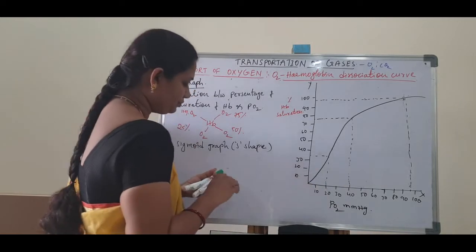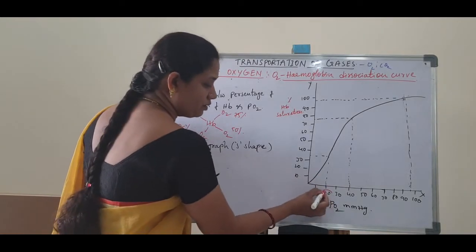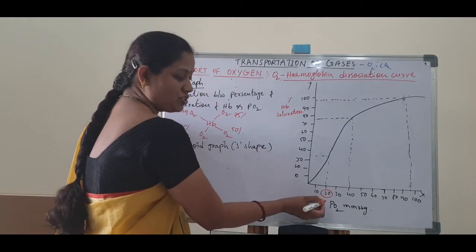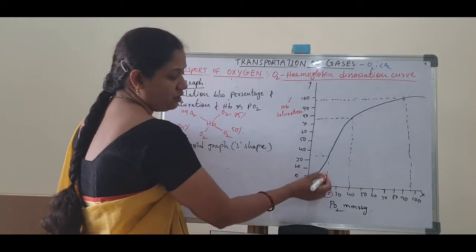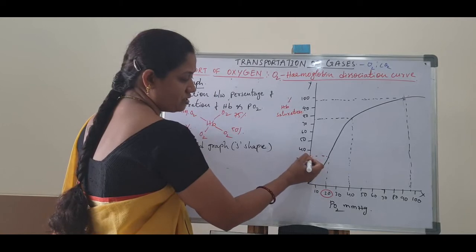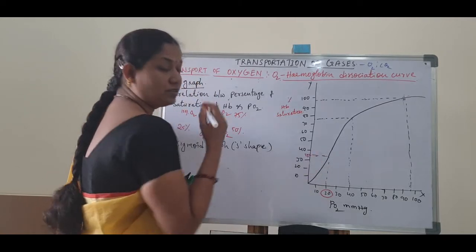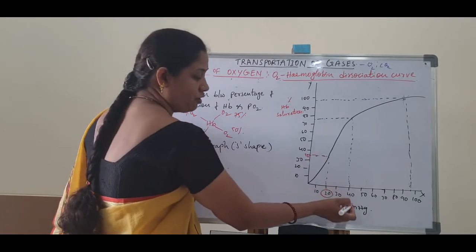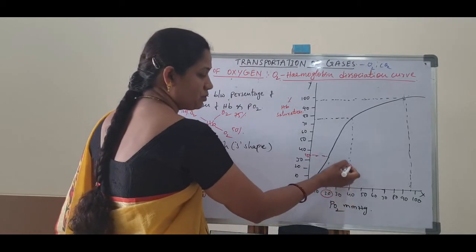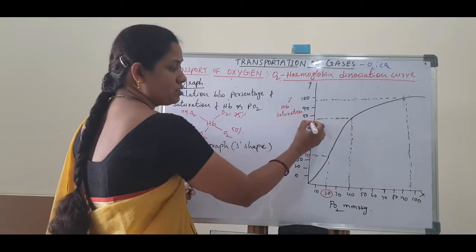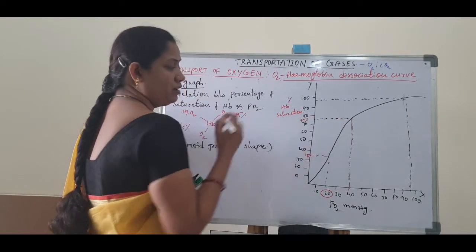For example, at 20 mmHg of partial pressure of oxygen, how much is saturated? 25%. Next, at 40 mmHg of partial pressure, it is increased. So how much? 75% of saturation.